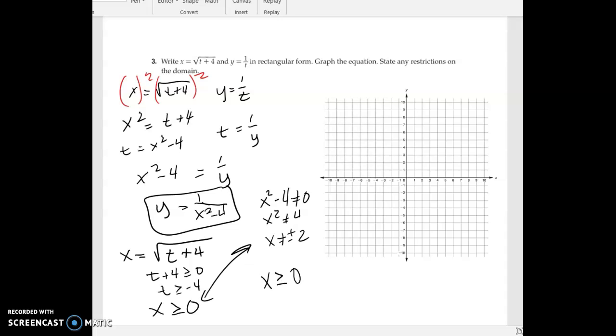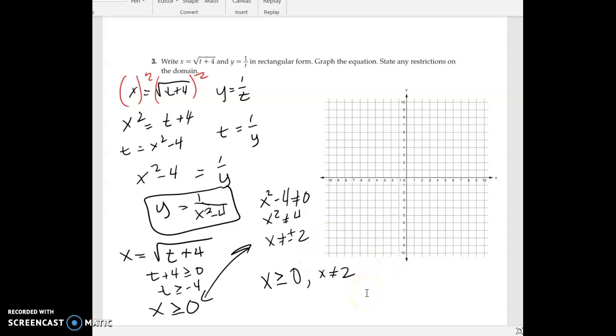So we say x is greater than or equal to 0, and x cannot equal 2. I'm not going to go ahead and graph that, but on our graph, we would have a closed dot at 0, and there would be a hole at 2 when you went to graph the equation.